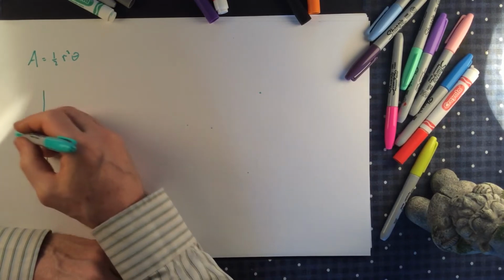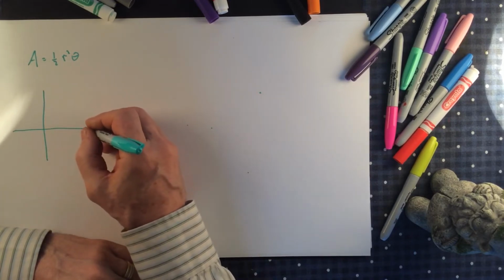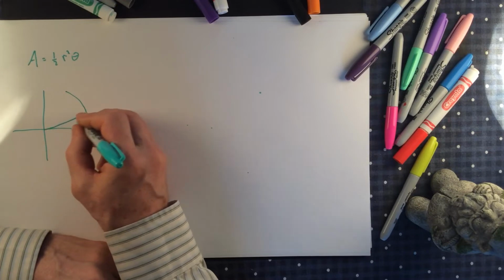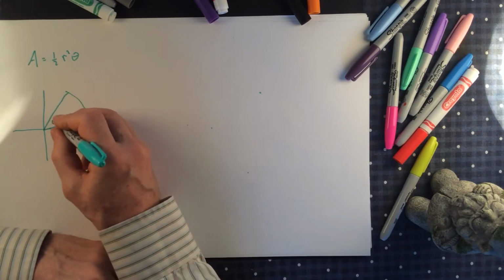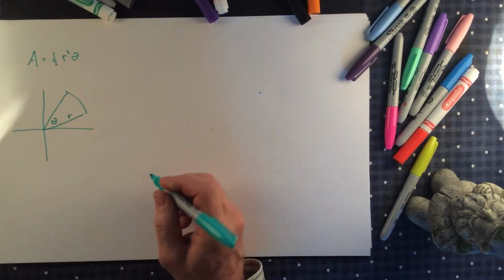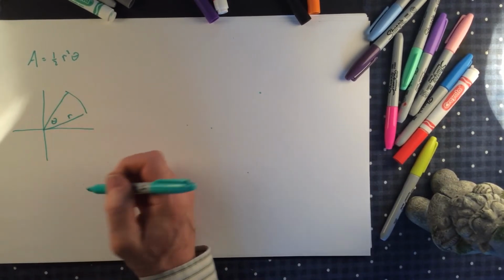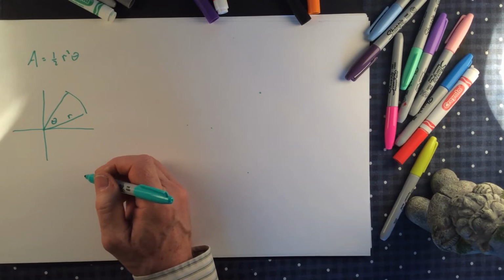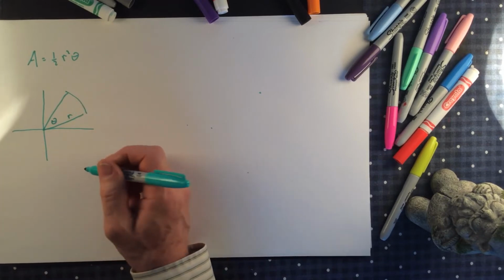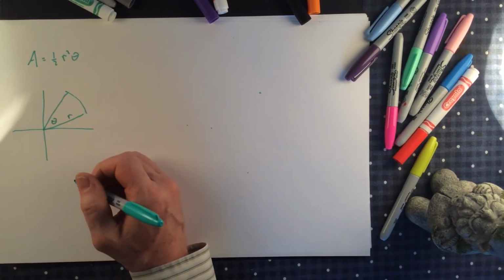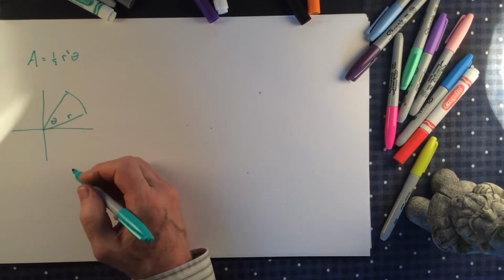So first off, I just want you to imagine that we have a circle, and we have a small arc of that circle. So here's a very small theta and radius. Okay? Now, obviously, this theta and small pizza slice is a proportion of the entire circle.